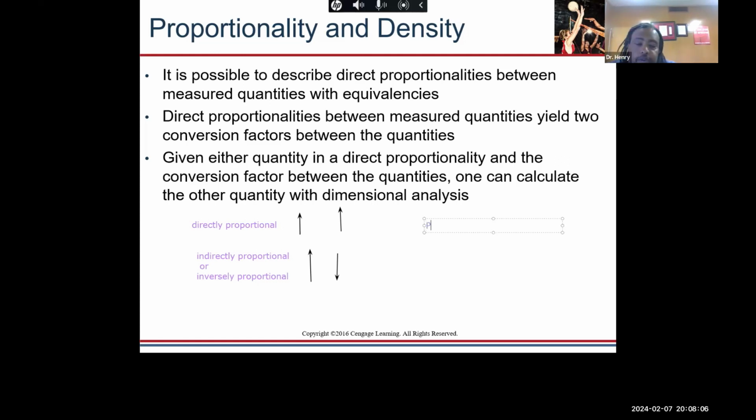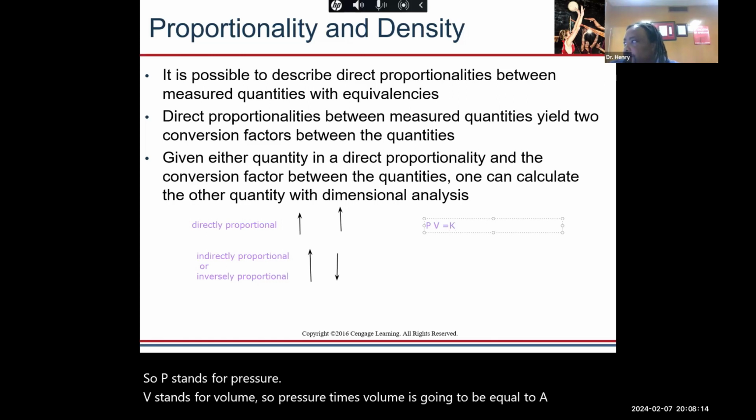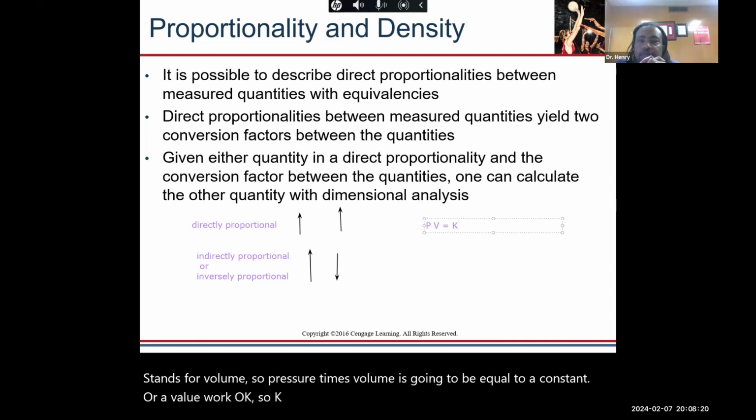P stands for pressure, V stands for volume. So pressure times volume is going to be equal to a constant, or a value of work. K is going to represent this constant.